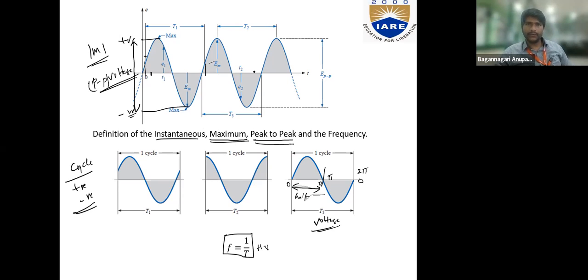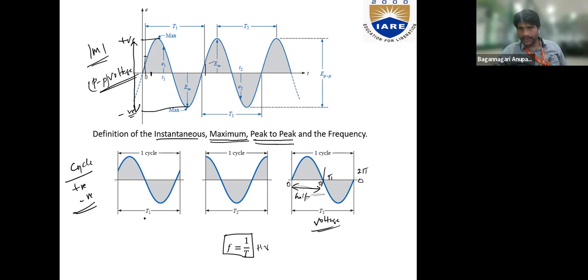What do T1, T2, T3 mean? We can calculate it either from 0 to 0 instant, or from peak to peak as shown by T2, or from a particular instant to another particular instant in the repeating waveform. You call it a time period, right? The time taken for a repetition to start is the time period, and the reciprocal of such time period you call the frequency.